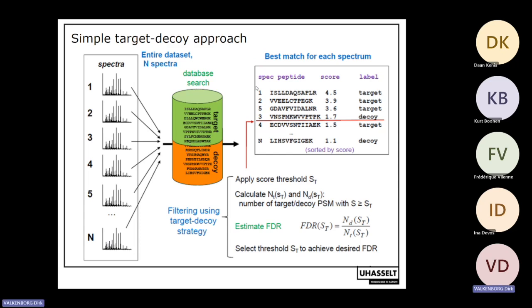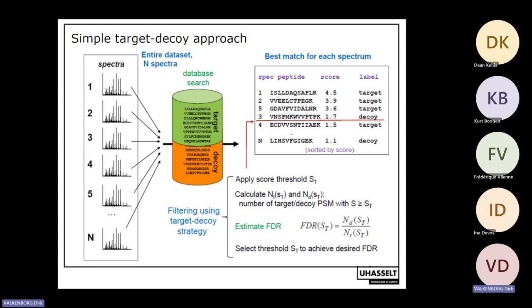So for example, for my first spectrum, we could annotate a sequence with a score of 4.5, and that sequence is coming from our target database. And for our second spectrum, we also did a search on this concatenated target decoy database, and we would assign again a sequence with a score of 3.9 that also came from the target database.